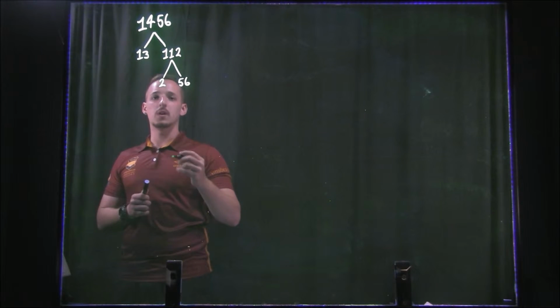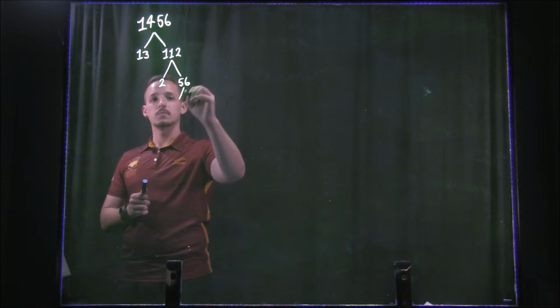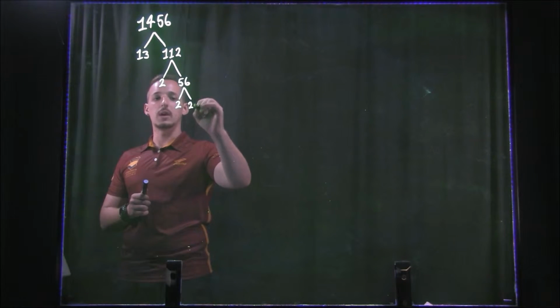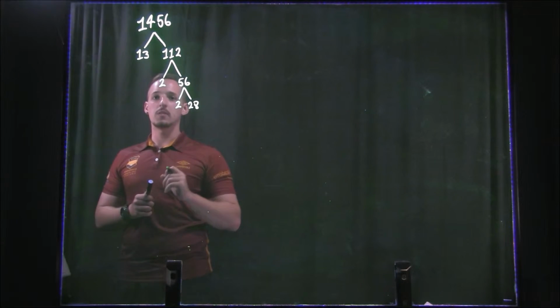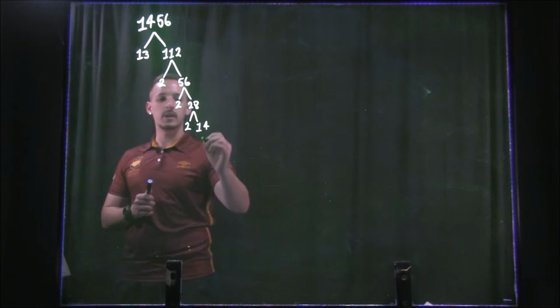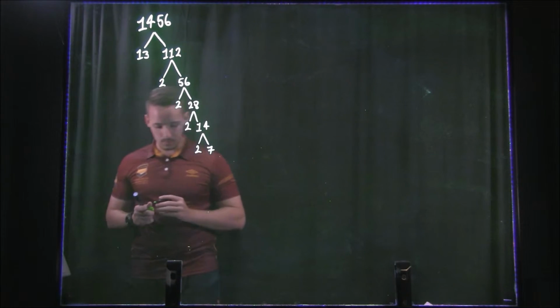And 56 divided by 2, 2 and 28. 28 divided by 2, 2 and 14. And 14 divided by 2 is 2 and 7.